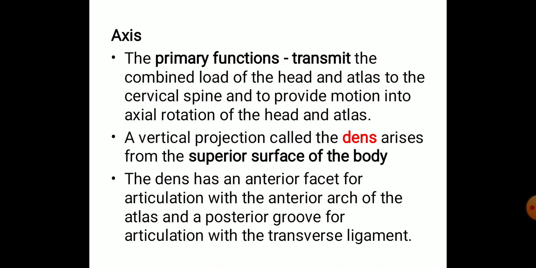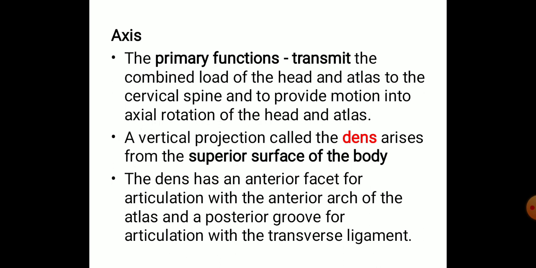Because of that, the axis is able to produce some kind of axial rotation of the head and atlas. There is a central upward projection, so the atlas and the head are able to have some amount of rotation.